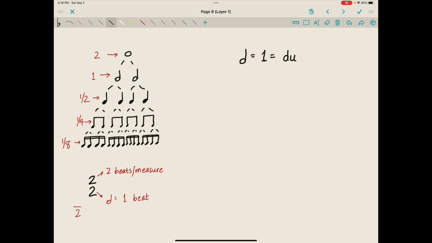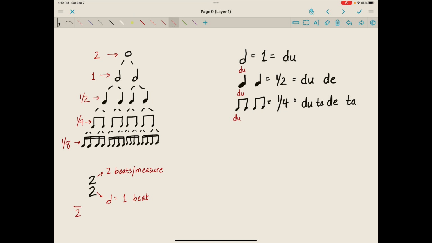And then our quarter notes will now be our half beat notes. So we will say do, day. And our 1/8 notes will be our quarter beats. So we will say do, ta, day, ta. Red do's all fall on the beat.